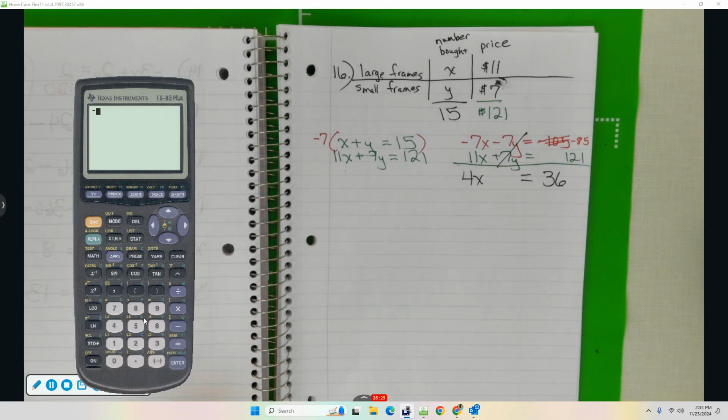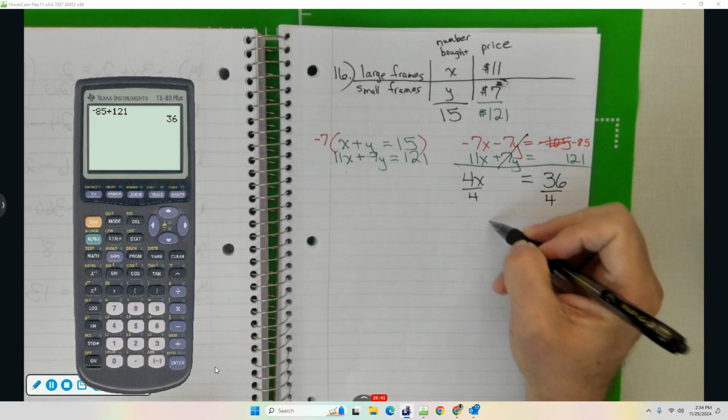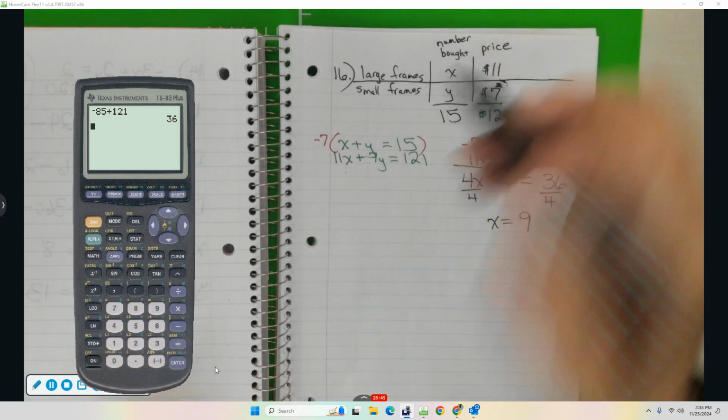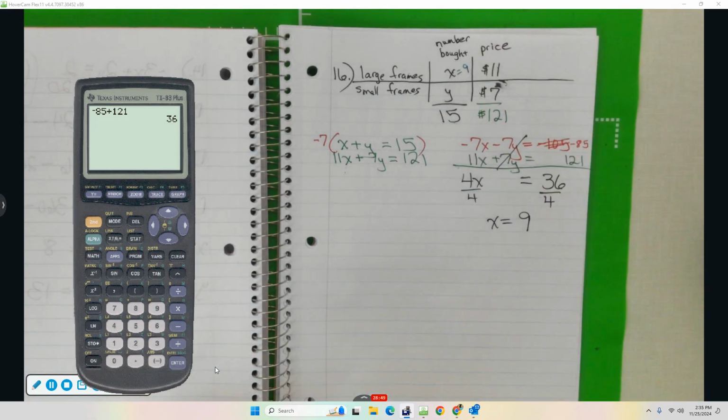Negative 85 plus 121 gives me 36. So what's x going to be? And so we know now x is equal to 9. X is equal to 9.